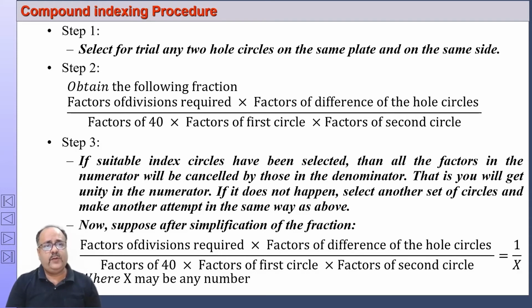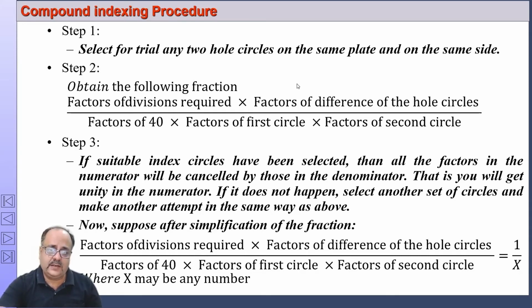In the second step, we have to find out a fraction. The fraction is basically factors of divisions required into factors of the difference of the hole circles, divided by factors of 40, factors of the first circle and factors of the second circle. Now these hole circles will be selected in such a way that this should come out to be 1 by x. That means in the numerator we should have 1 and in the denominator we should have x.